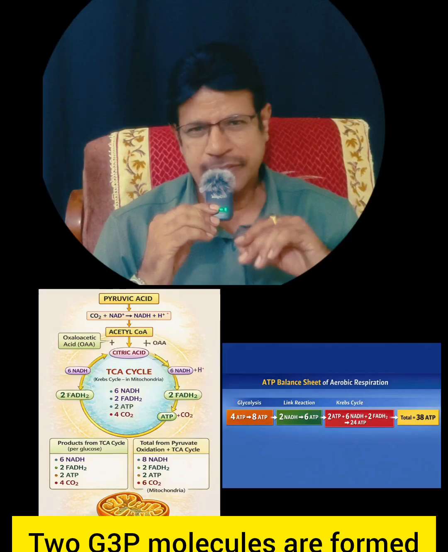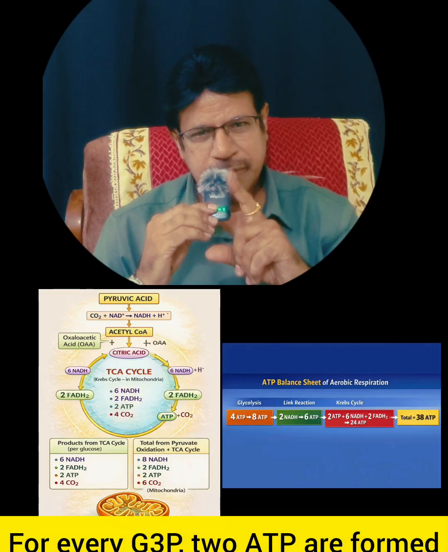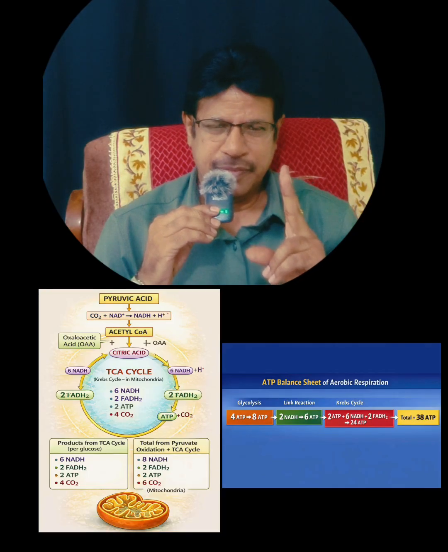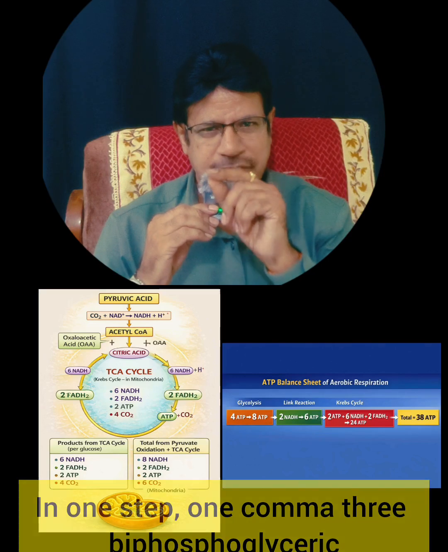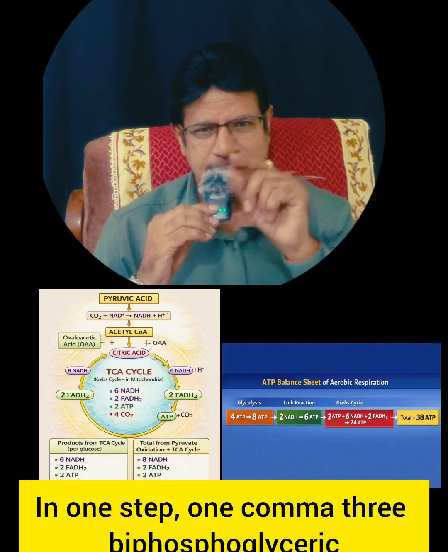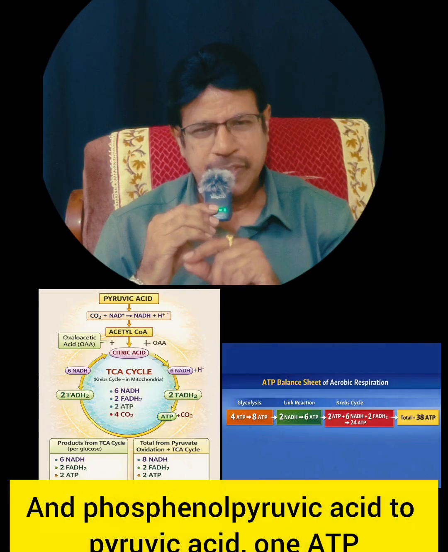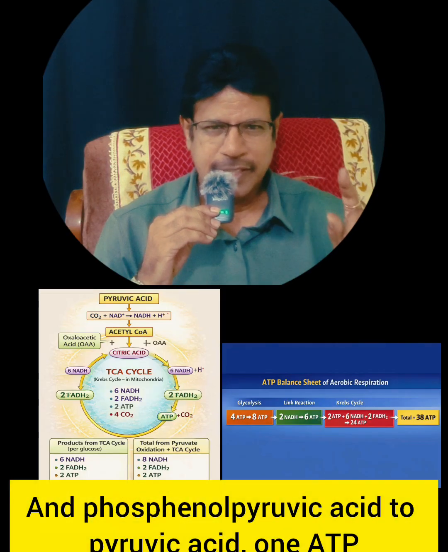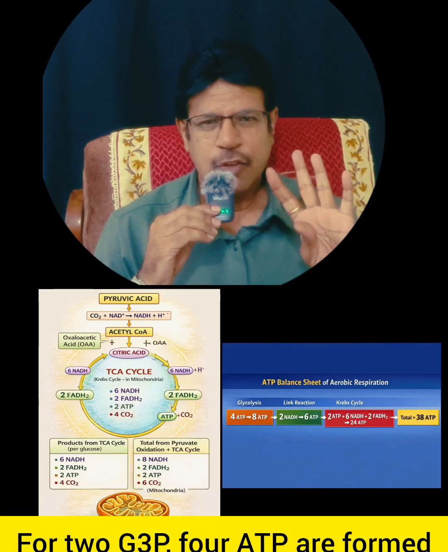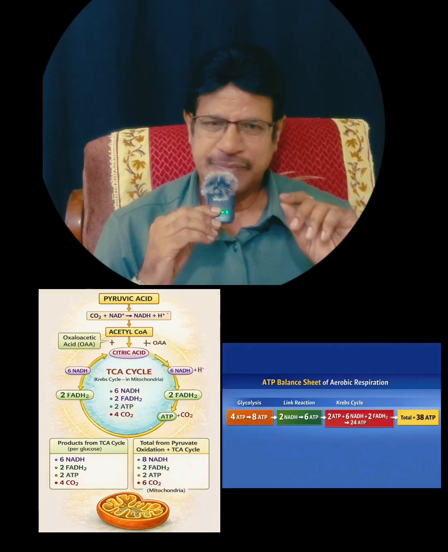Two G3P molecules. For every G3P, two ATP are formed. Where? In one step, 1,3-bisphosphoglyceric acid to 3-phosphoglyceric acid, 1 ATP. And phosphoenolpyruvic acid to pyruvic acid, 1 ATP. For 2 G3P, 4 ATP are formed.